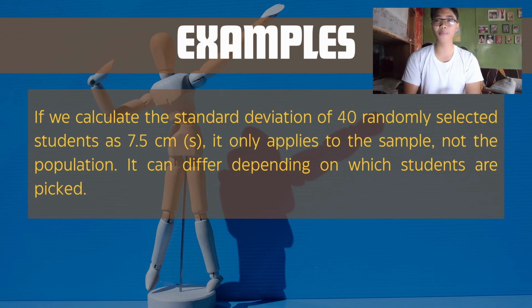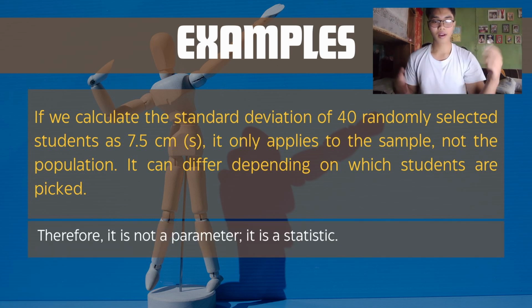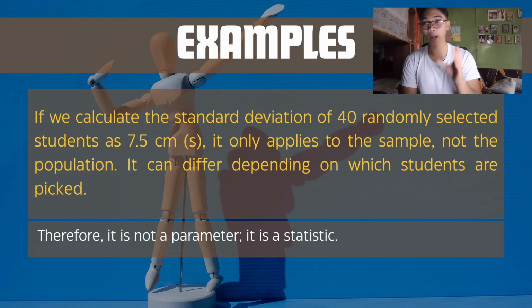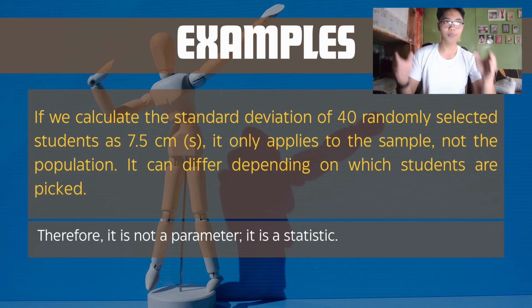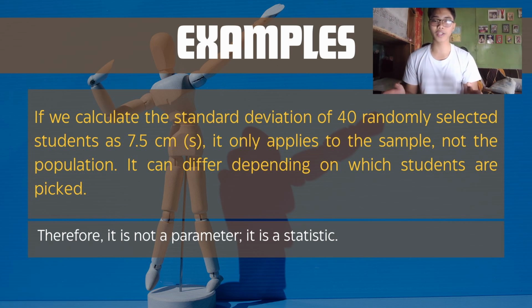From the example, once again, you can say that it is a statistic, because it is not a parameter; it describes 40 randomly selected students. From that wording itself, you can probably guess that it is not the whole population, because you can still select 40 students randomly, and it only applies to the sample.